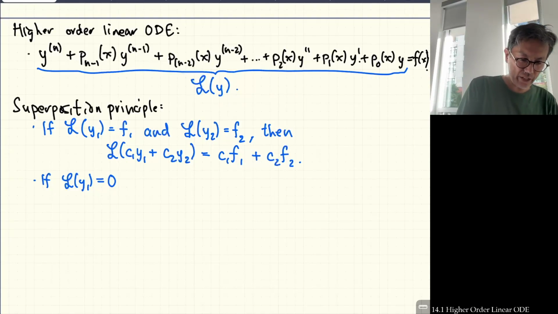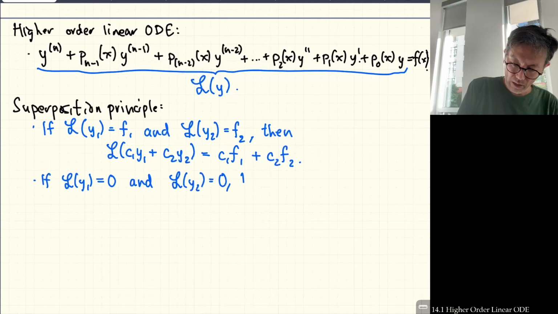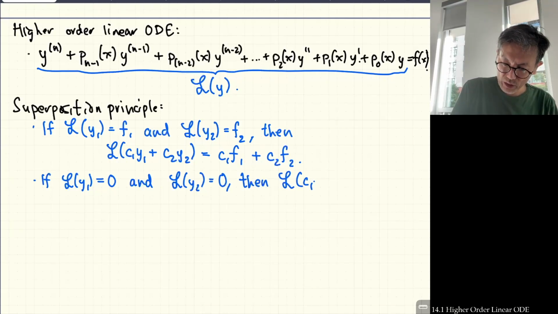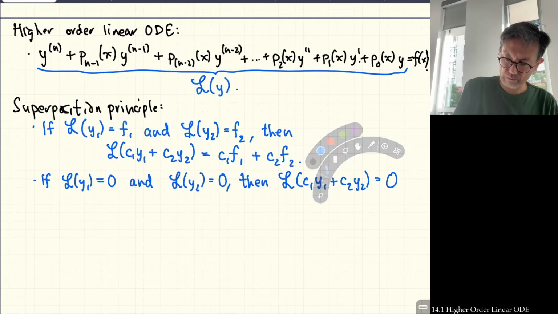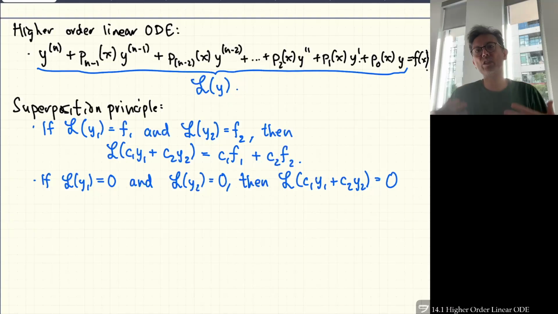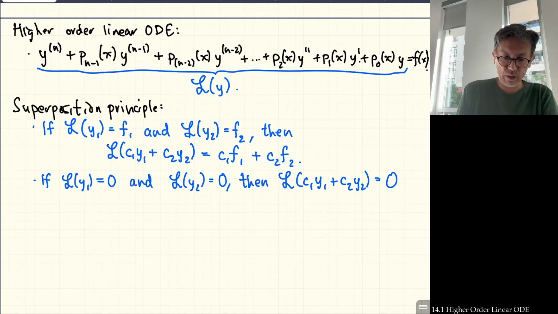So it's a solution to the homogeneous linear differential equation. So if we have this and we have L of y2 equaling 0, then L of any superposition of y1 and y2 is also 0. And this really just follows from the above line, right? Because in this case, what's playing the role of f1 is 0, and what's playing the role of f2 is 0.